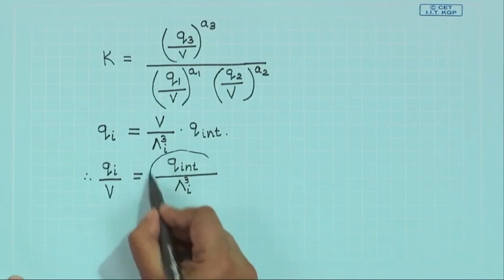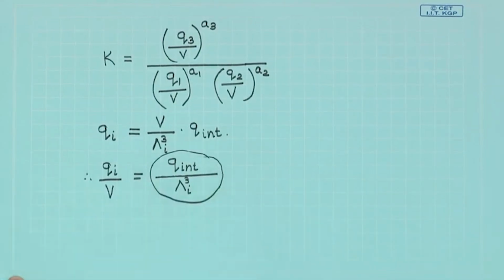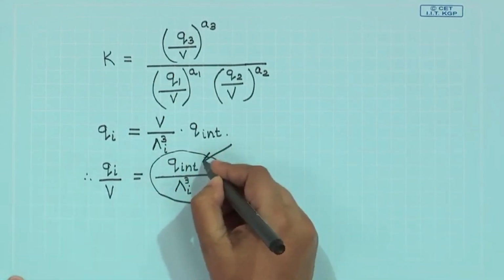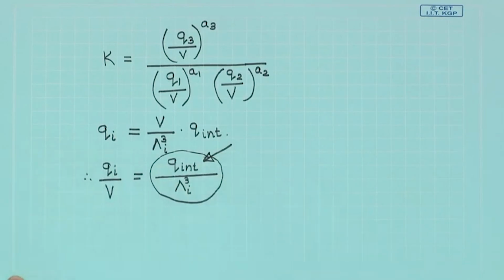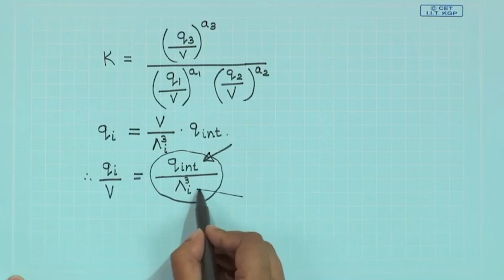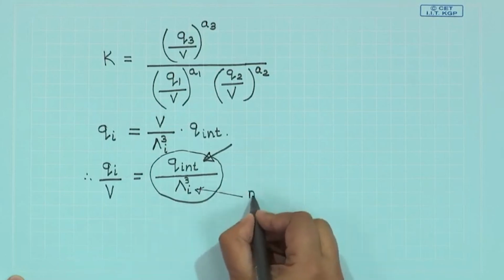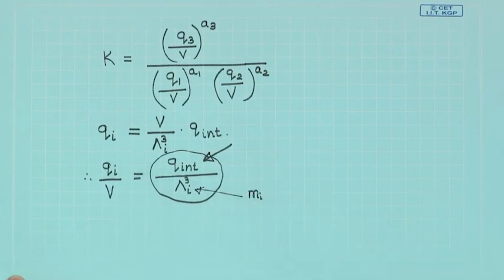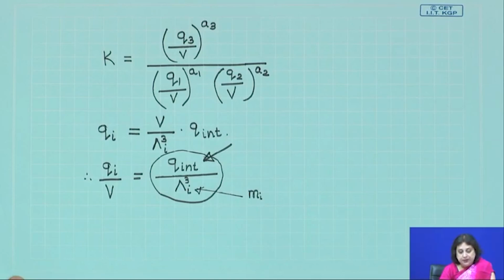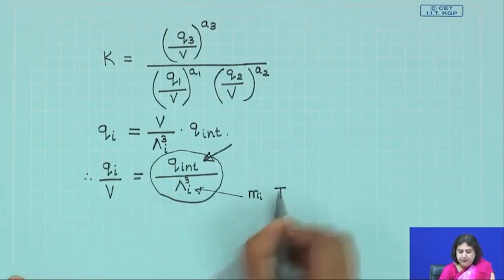Now, look at the nature of what I have on the right hand side. This part depends on the chemical nature of the component i, and this depends not only on the mass mi of the ith component in the reaction mixture, but it also depends on temperature.